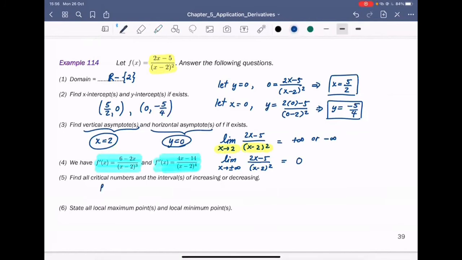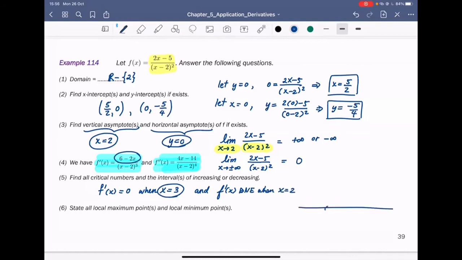Now we're going to look at our critical numbers. So f prime of x equal to 0 when x equal to 3, right? Because we have 6 minus 2x on the top. And also f prime of x does not exist when x equal to 2. Again, x equal to 2 is not in our domain, so we are not going to plot it.